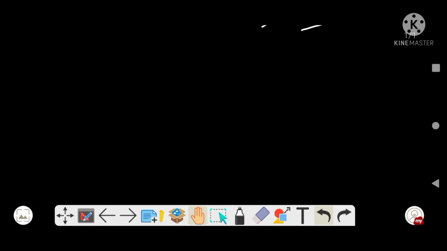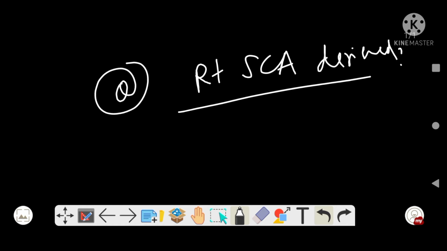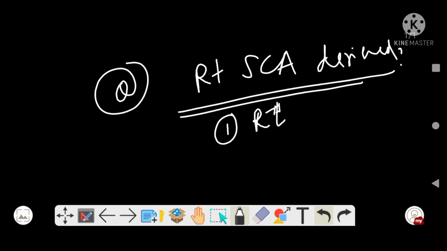Now next question that has been asked is that right subclavian artery is derived from. So one, we know that right subclavian artery is derived from, correct, right fourth arch artery.